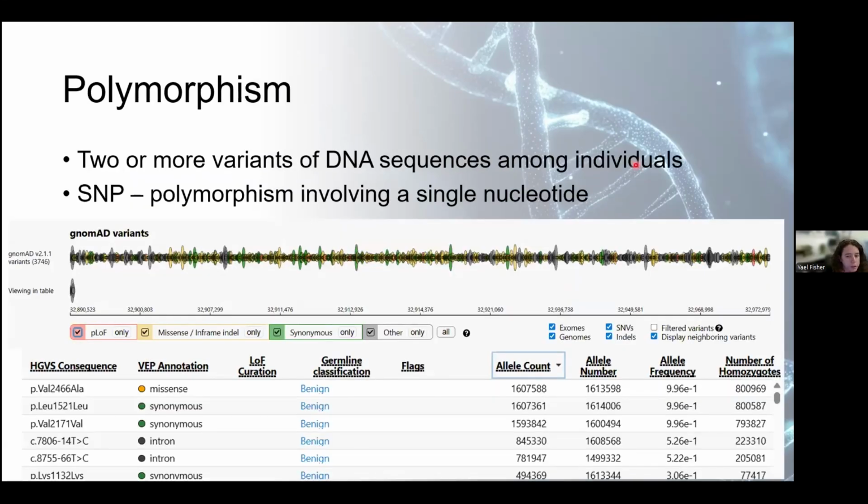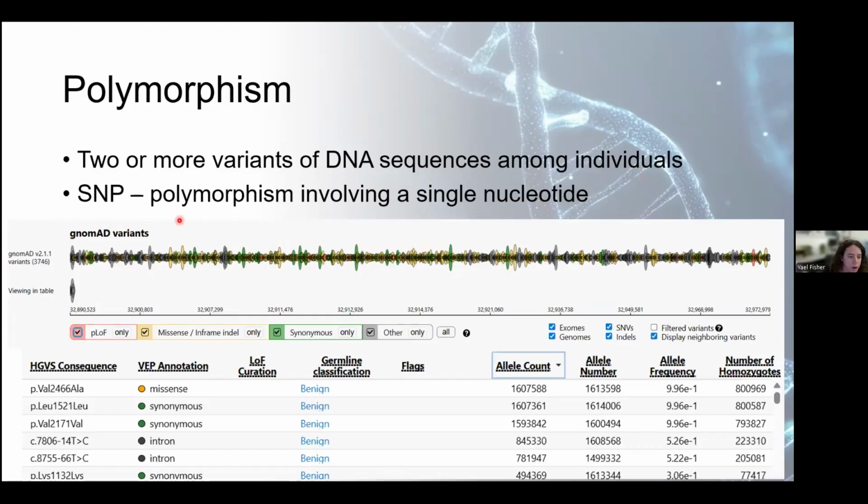Another term you may have heard is polymorphism, which is two or more variants of DNA sequences in the same individual and between different individuals in the population. A SNP is a polymorphism involving a single nucleotide.